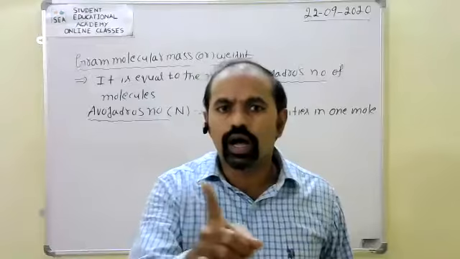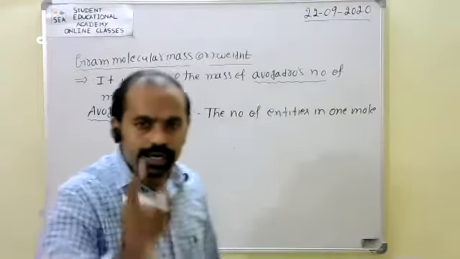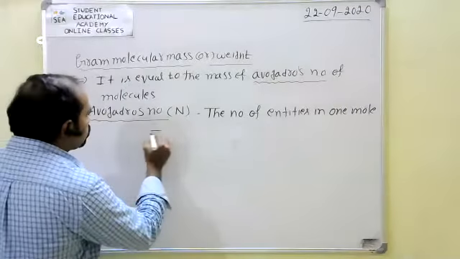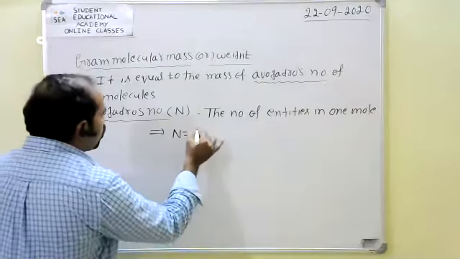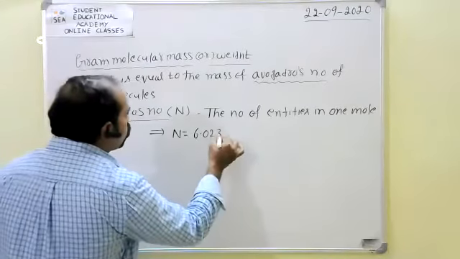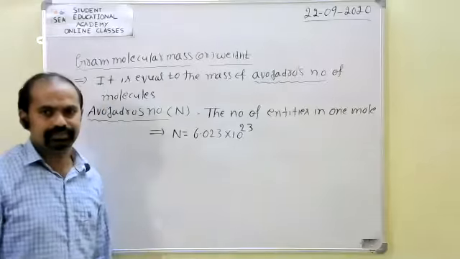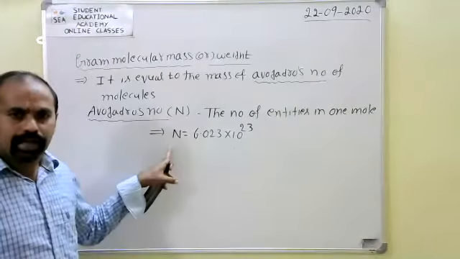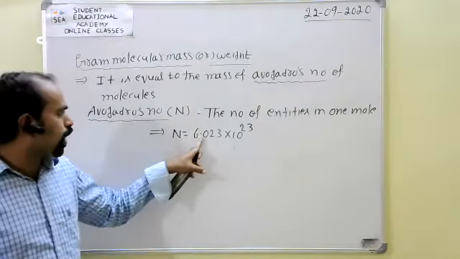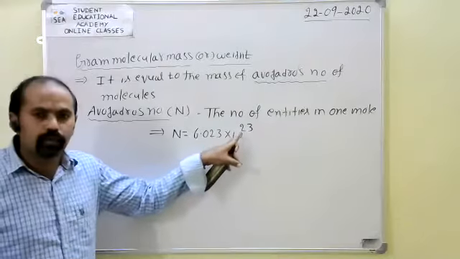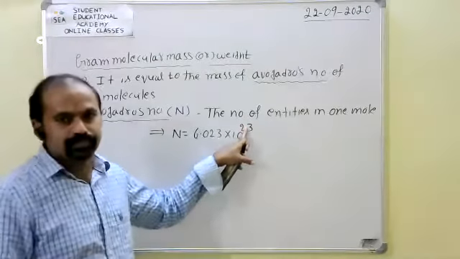That is called Avogadro's number. It is equal to 6.023 into 10 power 23.